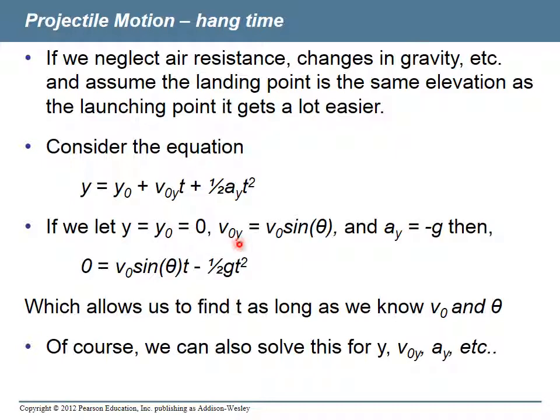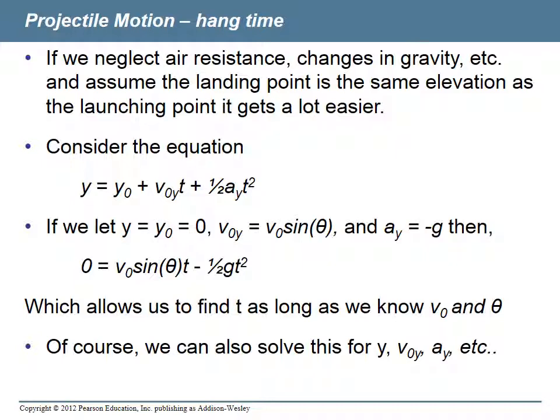And then we know that v naught y, the y component of the initial velocity, is initial velocity times the sine of theta, v naught sine theta. And the acceleration in y is equal to negative g. This is something we just assume in projectile motion on Earth, right? We could be given a different gravity on a different planet.